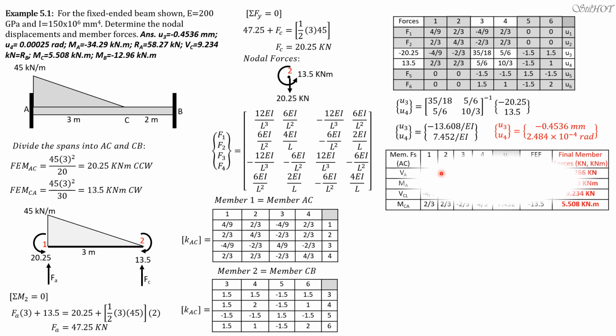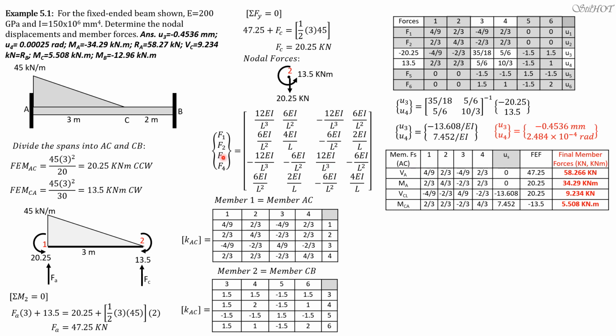Then the member forces. For the first member AC, the elements would be supposedly P1, P2, P3, P4. Specifically, these member forces are: P1 is the shear at A, or the reaction at A. P2 is the moment at A. P3 is the shear at C just to the left, and P4 is the moment at C. So that's the meaning of P1, P2, P3, P4.